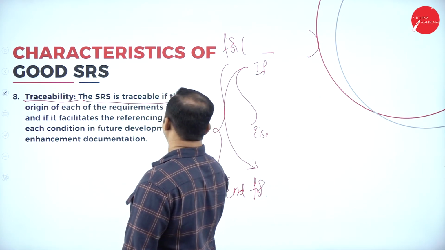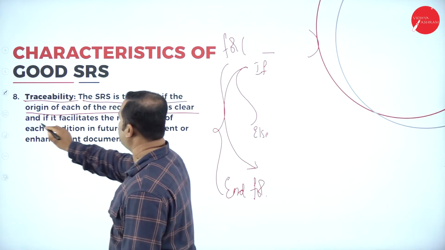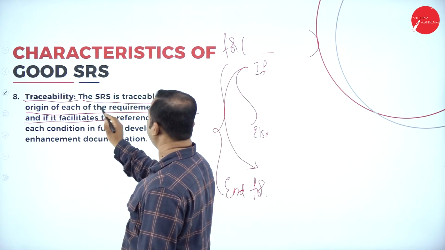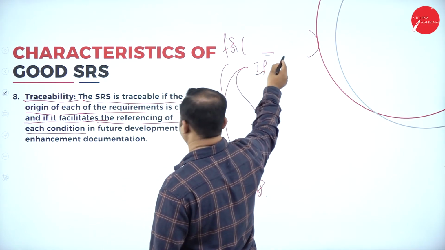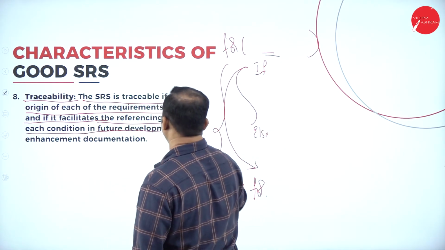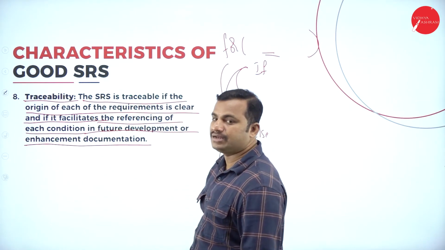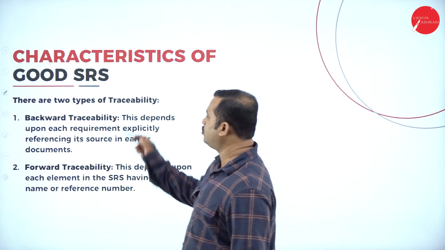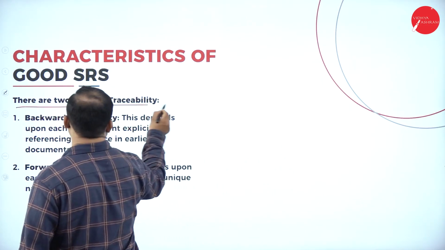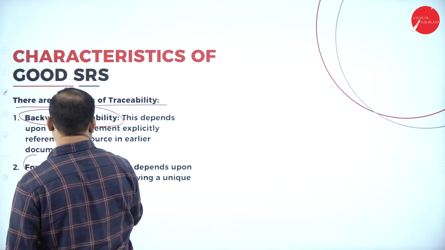The SRS is traceable if the origin of each of the requirements is clear, and if it facilitates the referencing of each condition in future development or enhanced documentation. That improves the quality of an SRS document. There are two types of traceability. The first one is backward traceability, then the other one is forward traceability.